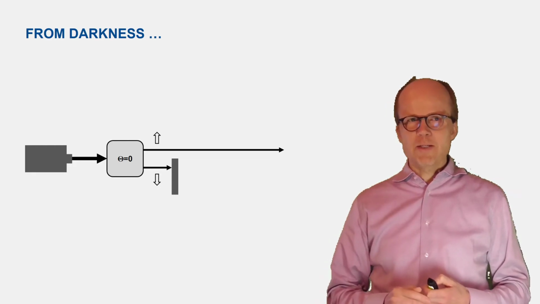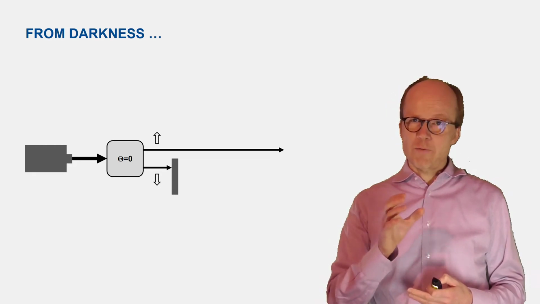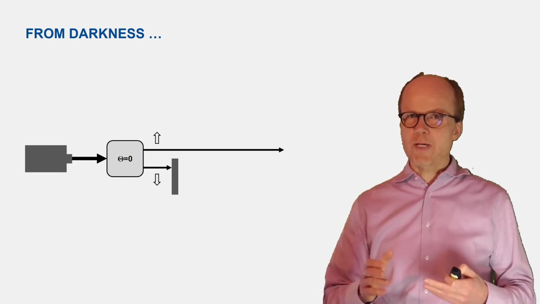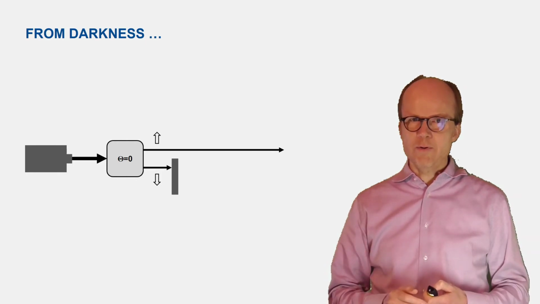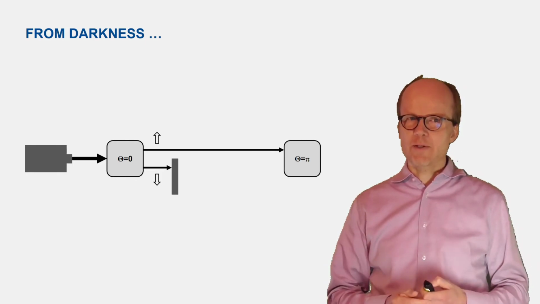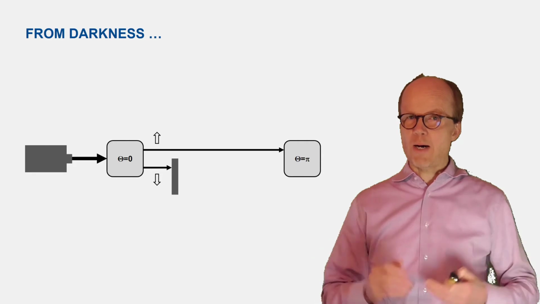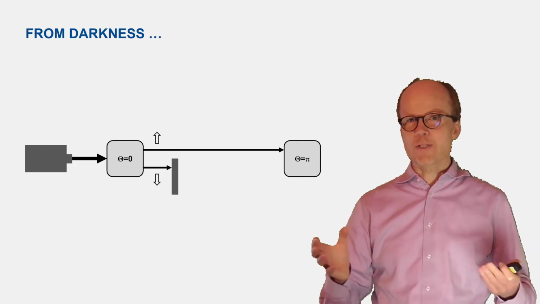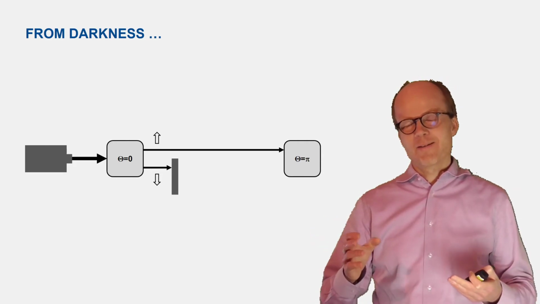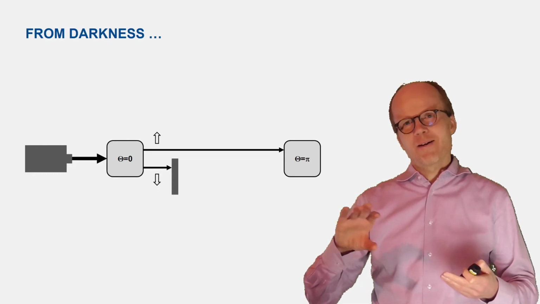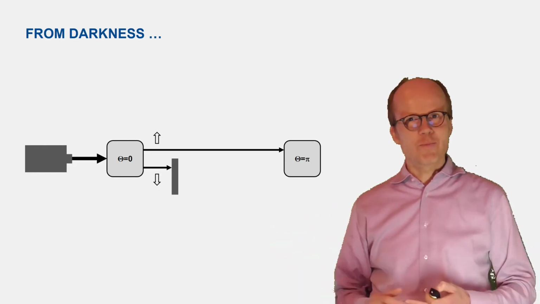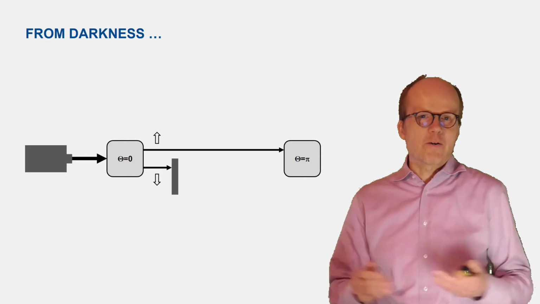Now, consider this setup where you have first a filter with the setting 0, and then you have another filter with the setting pi. We said before that with the setting theta equal to pi, up and down are flipped.